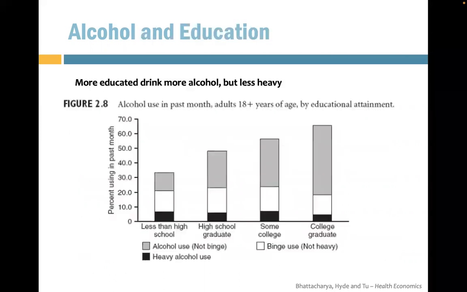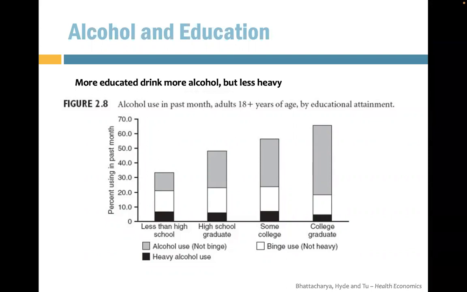Okay, the next graph, more on education and drinking. Actually, people who drink the most are college graduates, and people who drink the least are those with less than high school, what we call high school dropouts.